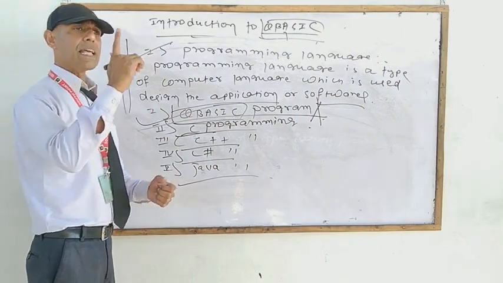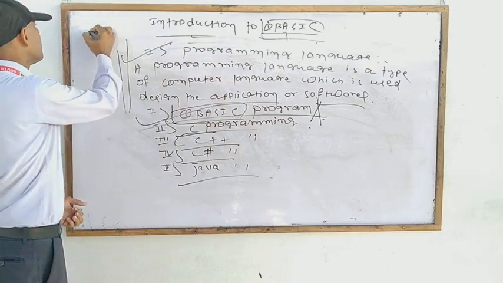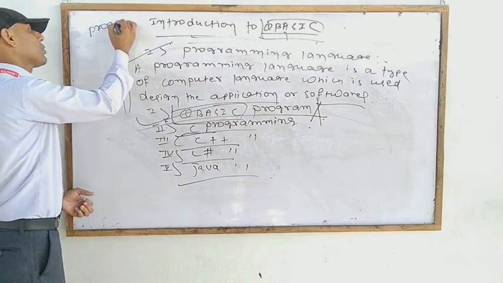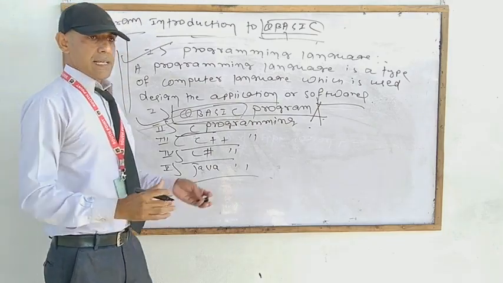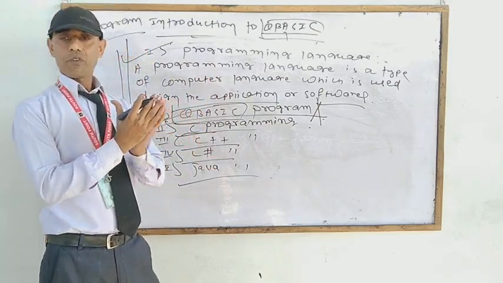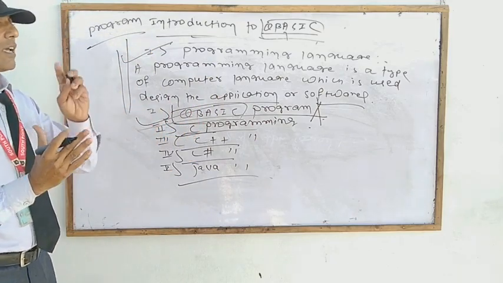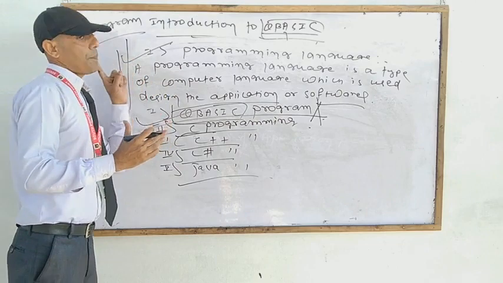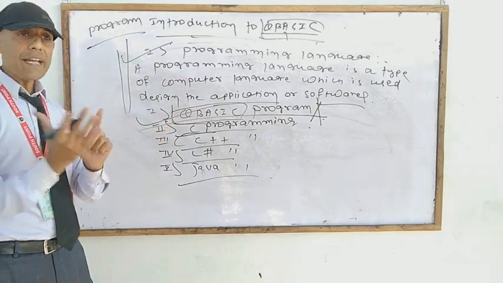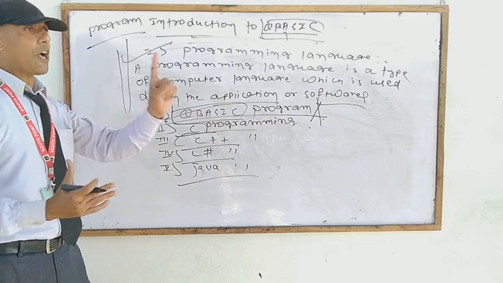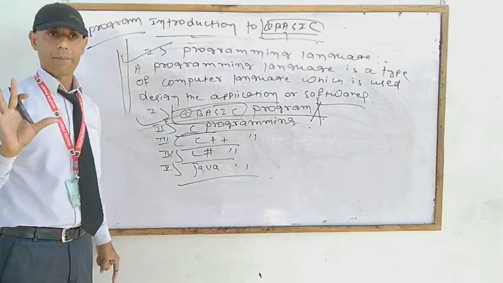And one excellent example we are going to provide: the program, programmer and programming language. Any school contains a collection of students. A student is like an instruction or code, and the collection of many students makes a class, like a program.